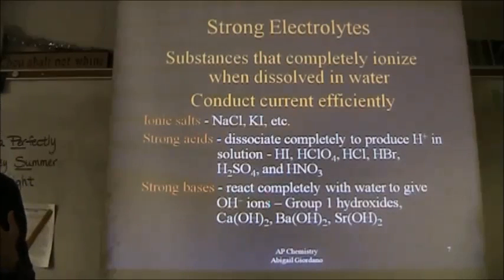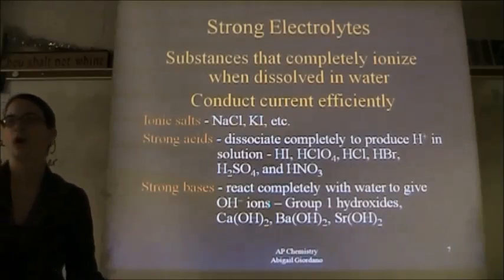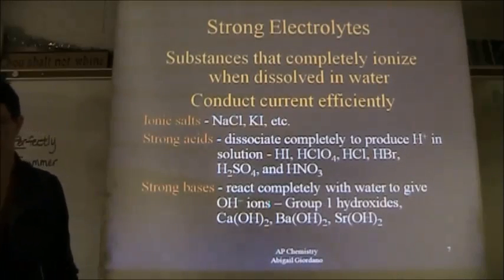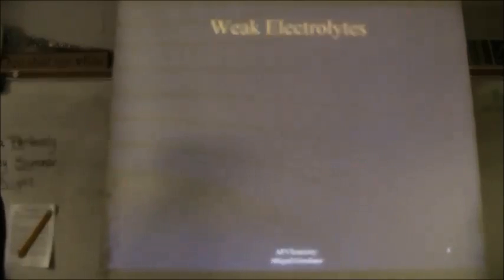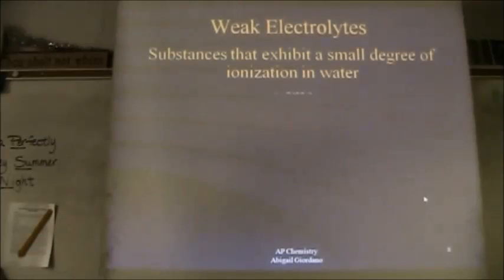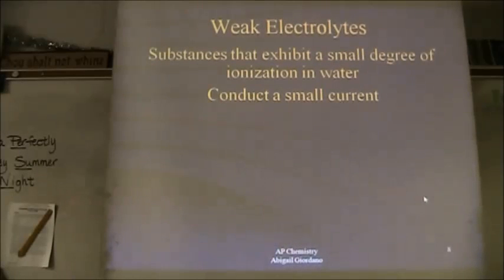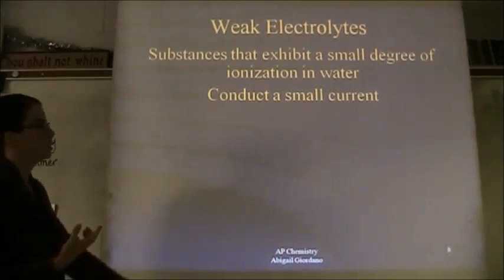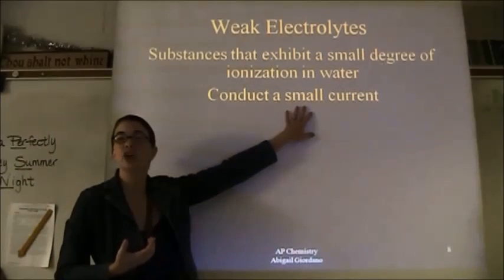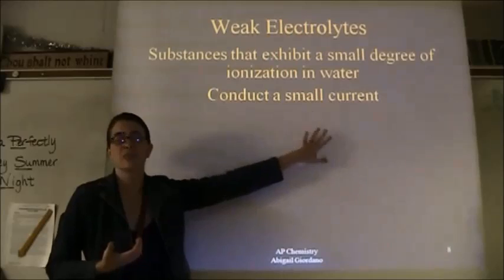All right? What's the opposite of strong? Weak. Okay? Weak electrolytes. Things that will ionize, but to a very small extent. Things that will release ions into the solution, but not a lot. So you can get current, but not much.